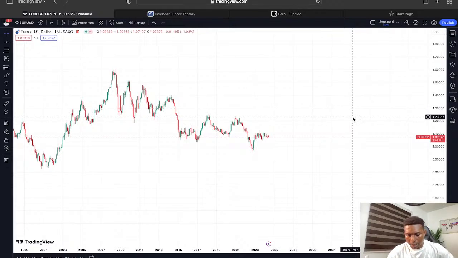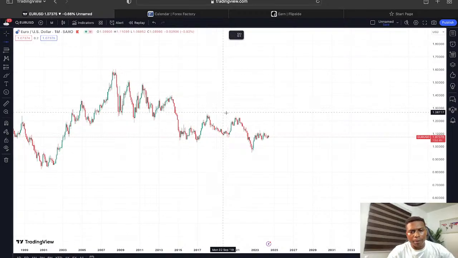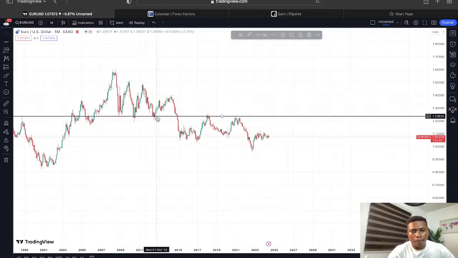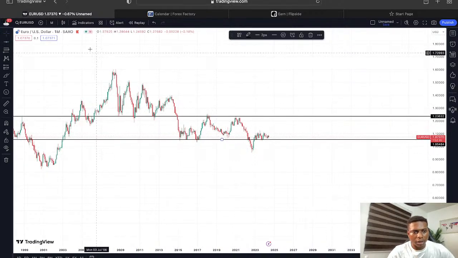All right. Here I'm going to map out levels of support and resistance. These are key levels for us to watch.